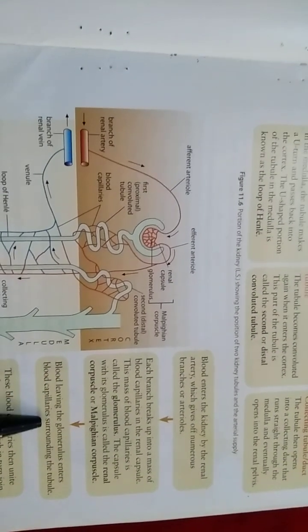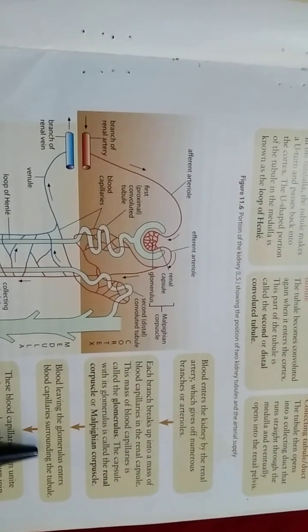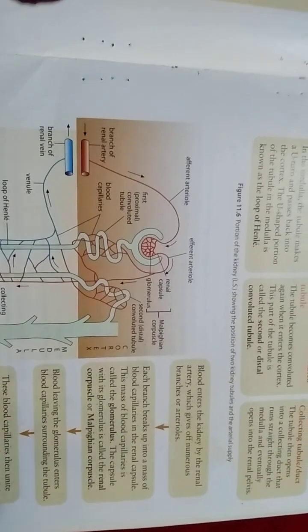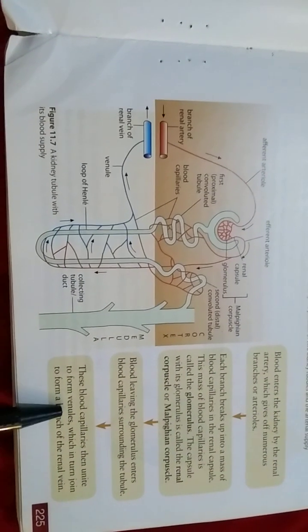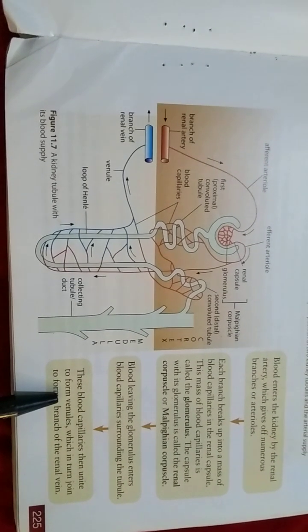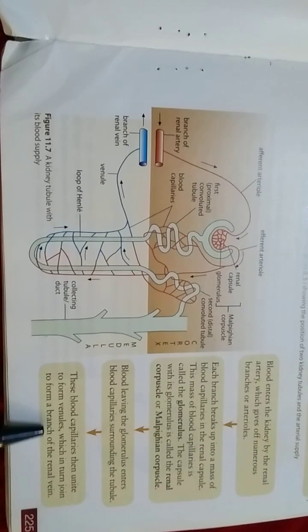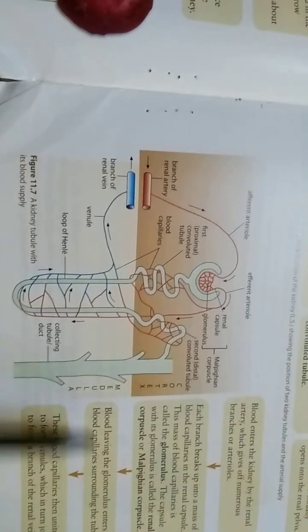Blood leaving the glomerulus enters blood capillaries surrounding the tubule. The blood capillaries then unite to form venules, which in turn join to form a branch of the renal veins.